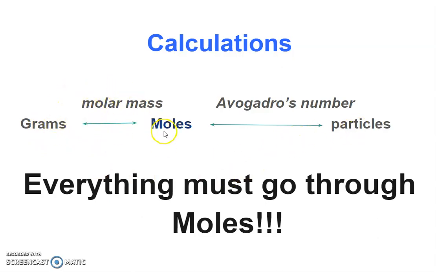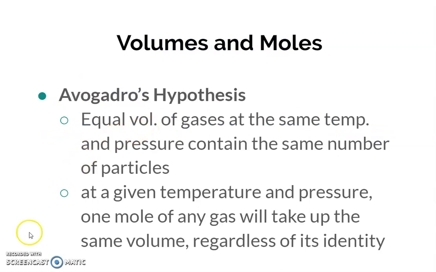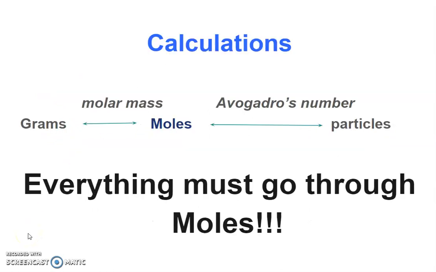We go to the mole first, and then we convert back, so we go grams to moles using the molar mass, and then we can go moles to particles using Avogadro's number. If we go particles to moles, right, again, we can use Avogadro's number, and then once we're in moles, we use molar mass to go through grams. So everything must go through moles. So your first conversion is always going to be to convert to moles.